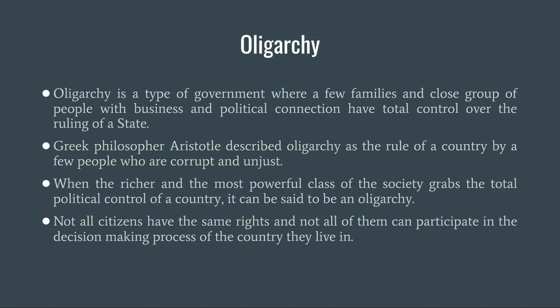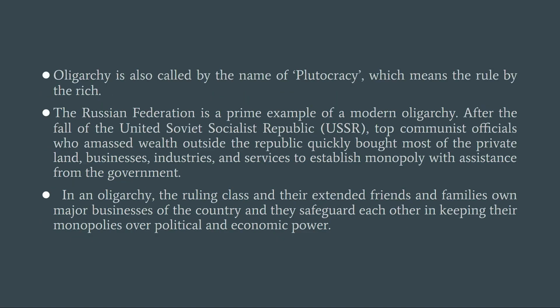In an oligarchy, there are massive levels of corruption, and those corruptions are done by a small group of people. Oligarchy is also called plutocracy, which means the rule by the rich. So, the rulers are the richest people in an oligarchy.